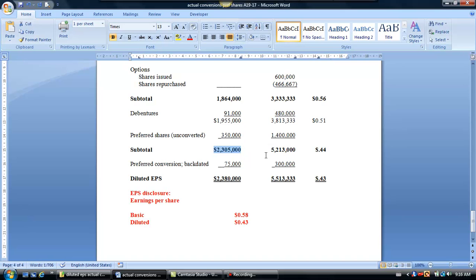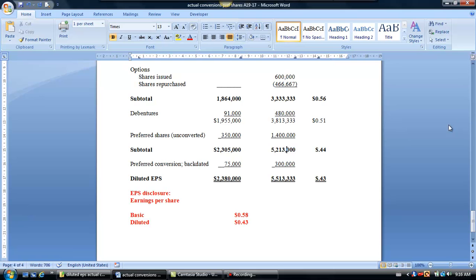Now, if we had converted those 350,000 shares at the beginning of the year, we would have had 350,000 preferreds times 4 because they would have been converted each into 4 common shares. So we would have had 1.4 million common. So we would have had, all told, a WACs of 5,213,000.